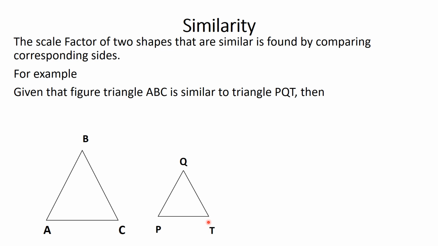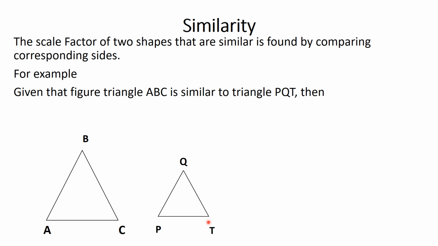So how do you get the scale factor for such? You just have to identify two sides which are corresponding, and they have given us the measurements for those two sides. Once you identify two corresponding sides with measurements given, you can get the scale factor.